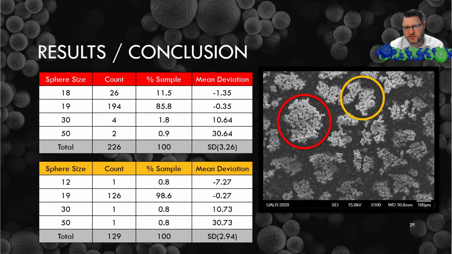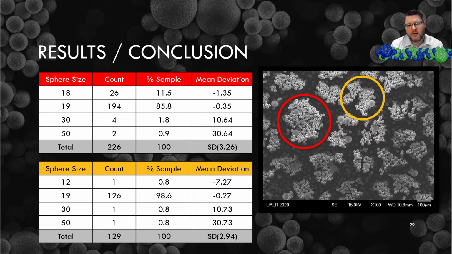First, I measured all the spheres as I was going and counted them. And in the red circle, I found that almost every sphere was 19 microns in size. I found 194. Also, there were 26 that were approximately 18 microns in size.